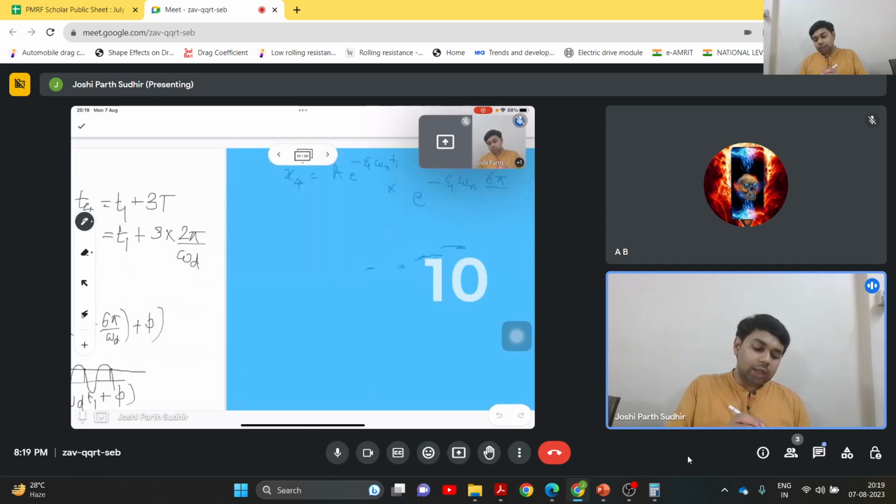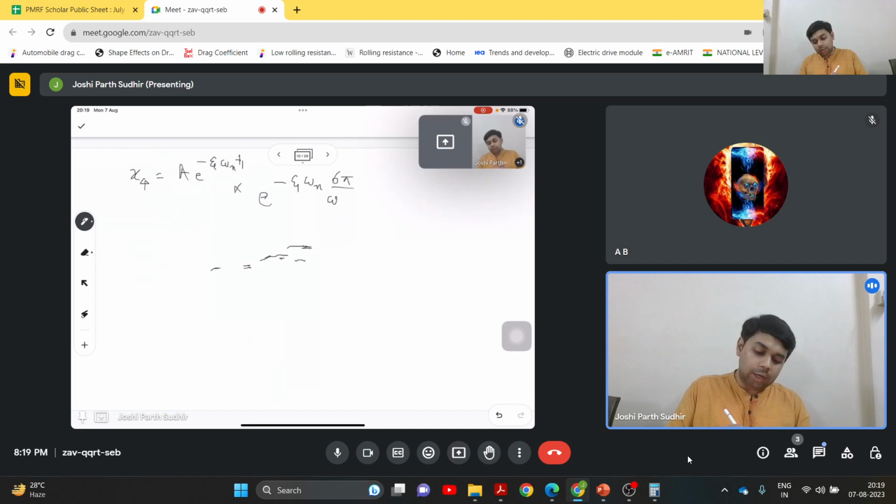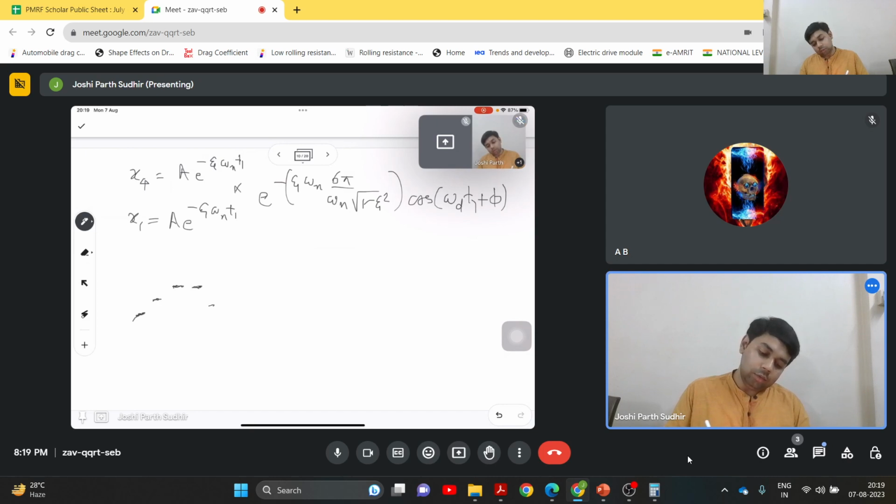We can write omega d again in terms of zeta and omega n, which is omega n root of 1 minus zeta square, into cos of omega d t1 plus phi, whereas x1 is a e to the power minus zeta omega n t1 cos of omega d t1 plus phi.